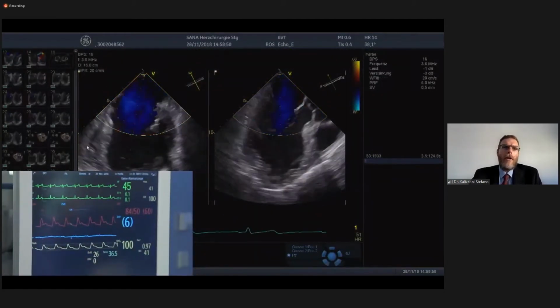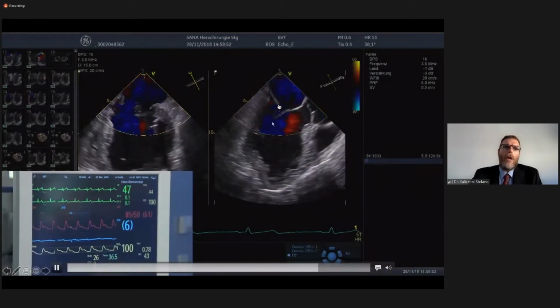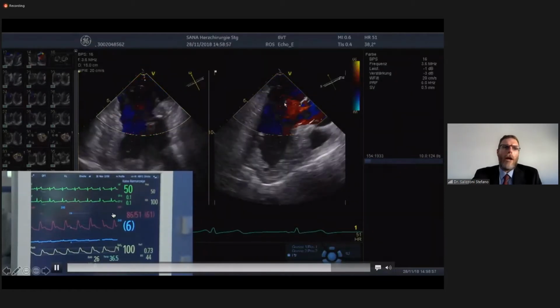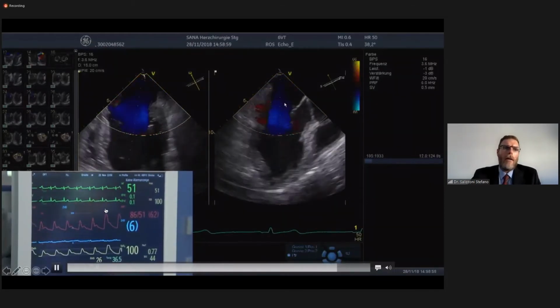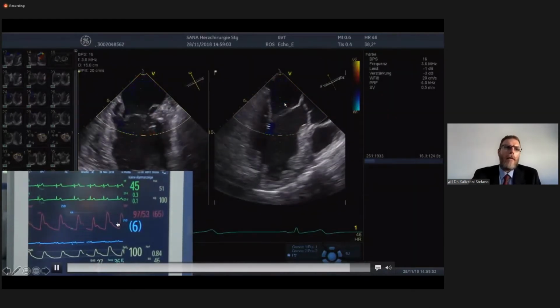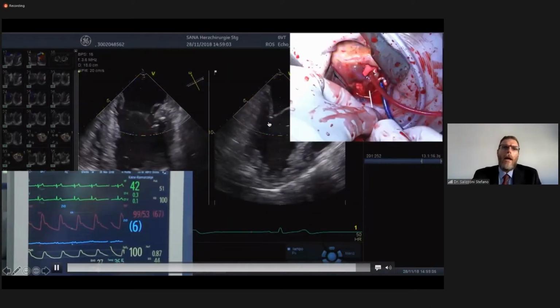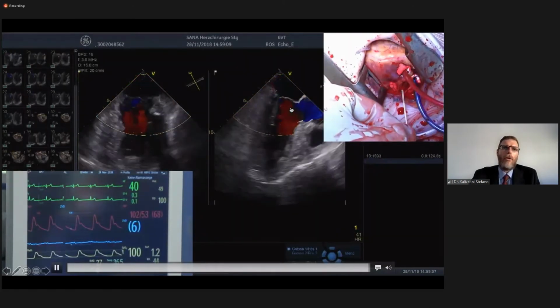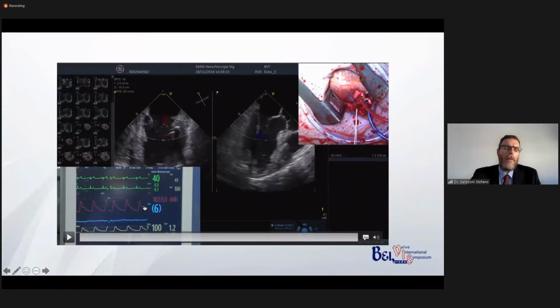And here is very interesting. You see, here we have regurgitation. Now I will pull the 3 cords and look at the pressure. Immediately, the cardiac output changes. Now I release again, you see the cords, regurgitation again, and the pressure down.